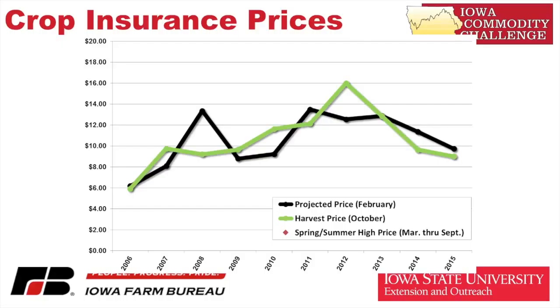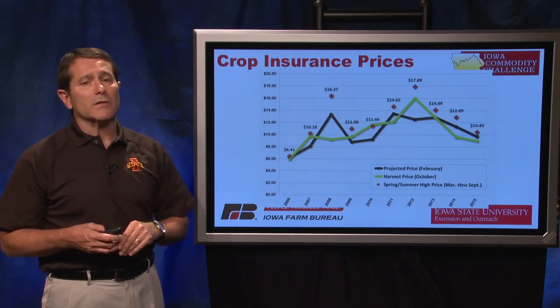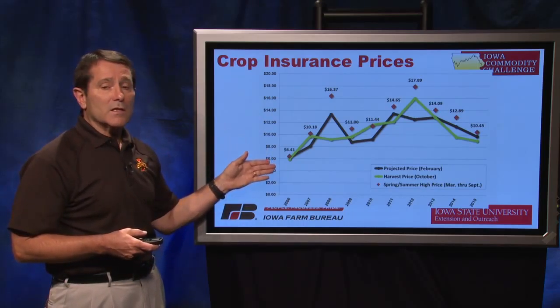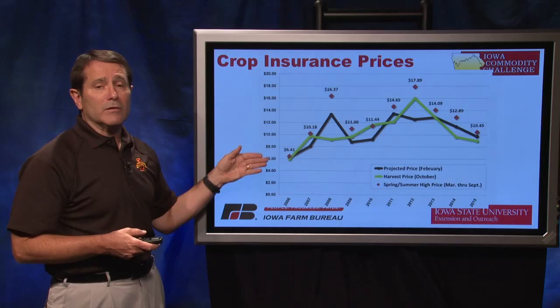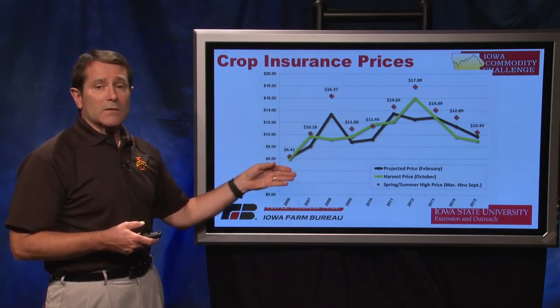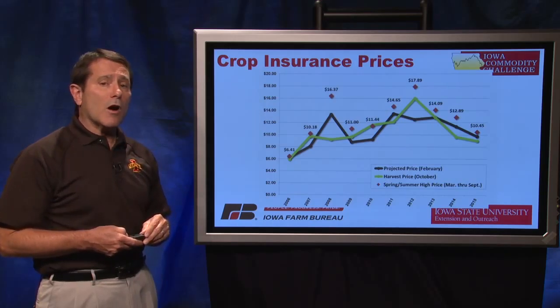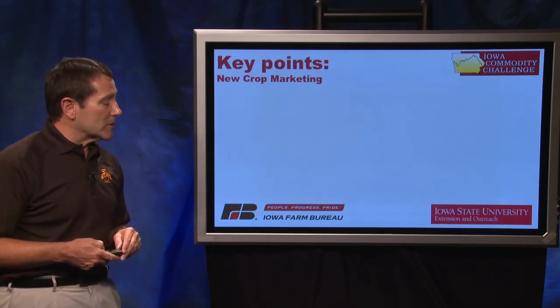And again, just as we saw in corn, during this period of time of March 1st to September 30th, almost every year you've seen this opportunity to pre-harvest sell a portion of your new crop bushels, committed to delivery using revenue protection, because revenue protection guarantees not only bushels at a level of coverage, but price at the higher of the projected price, the February average, or the harvest price, the October average.